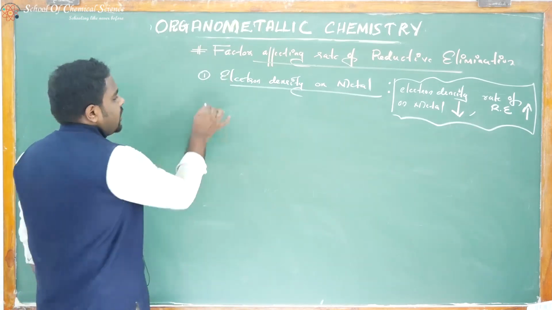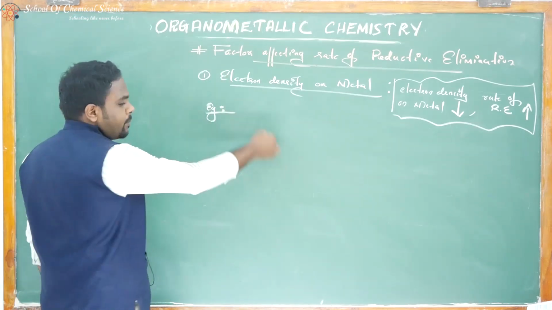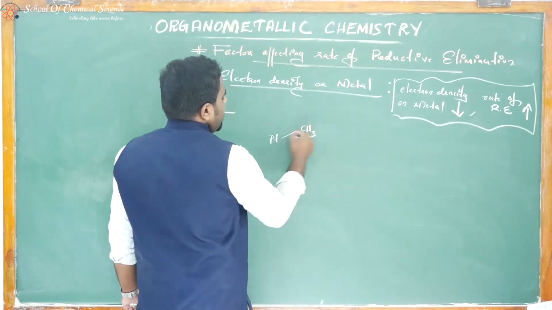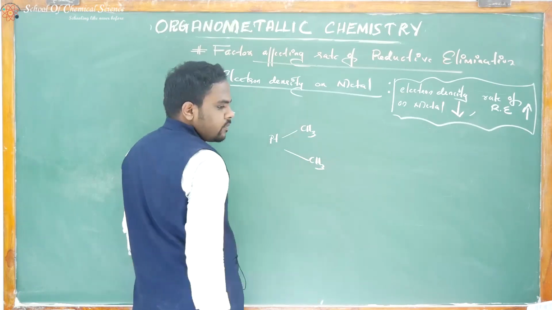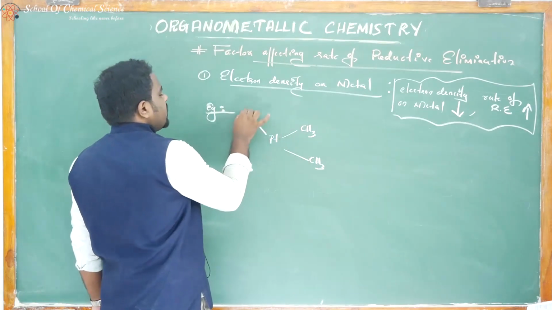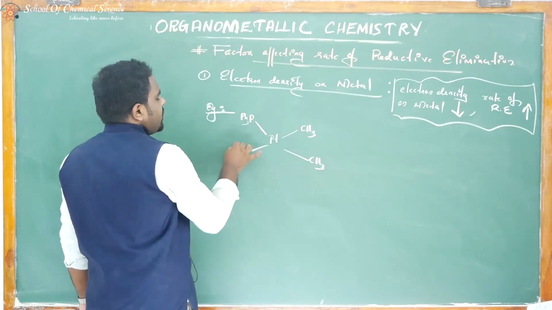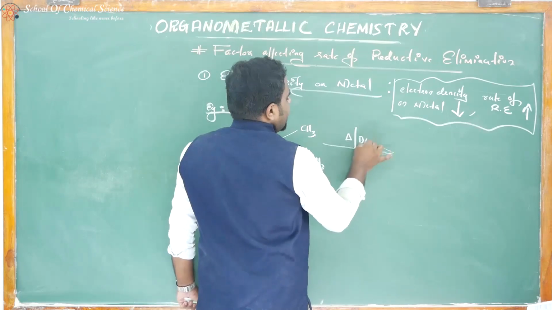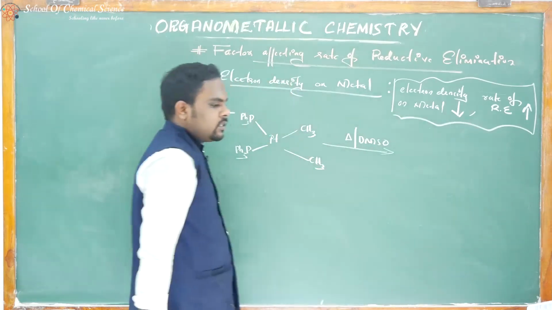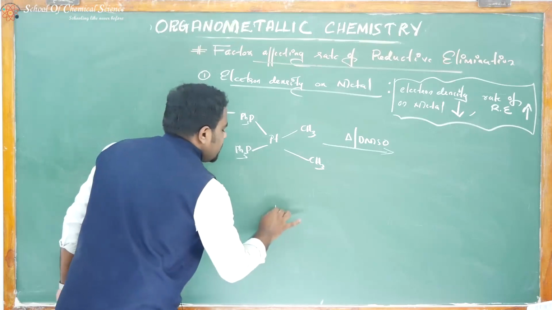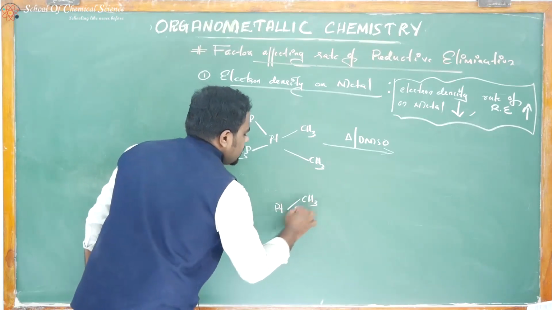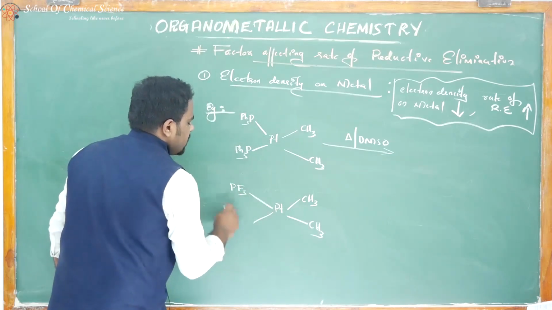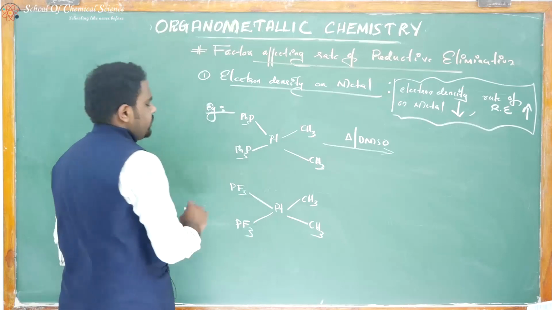For example, write a question. You have to compare the rate: Pt, CH3, here PPh3 triphenylphosphine, PPh3 triphenylphosphine, heating in the presence of a DMSO type solvent. Then Pt, here CH3, here also CH3, then here PF3, here also PF3.